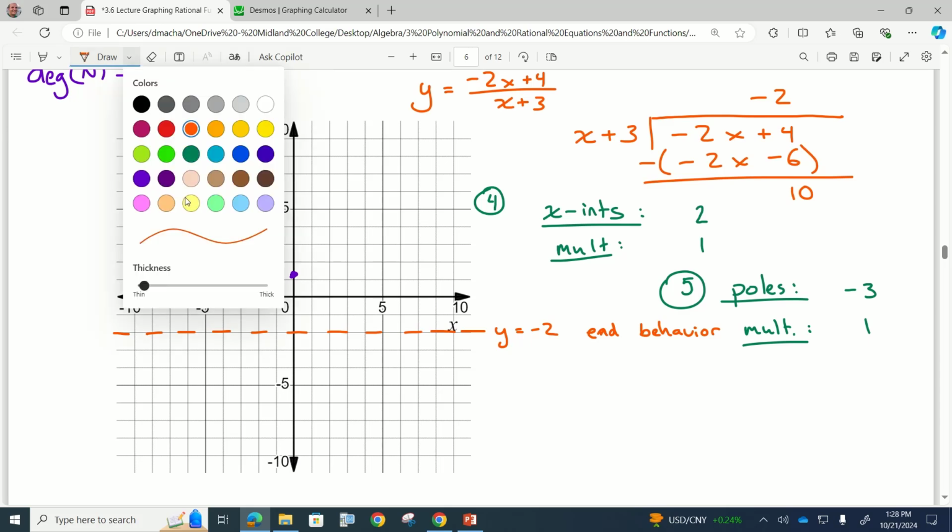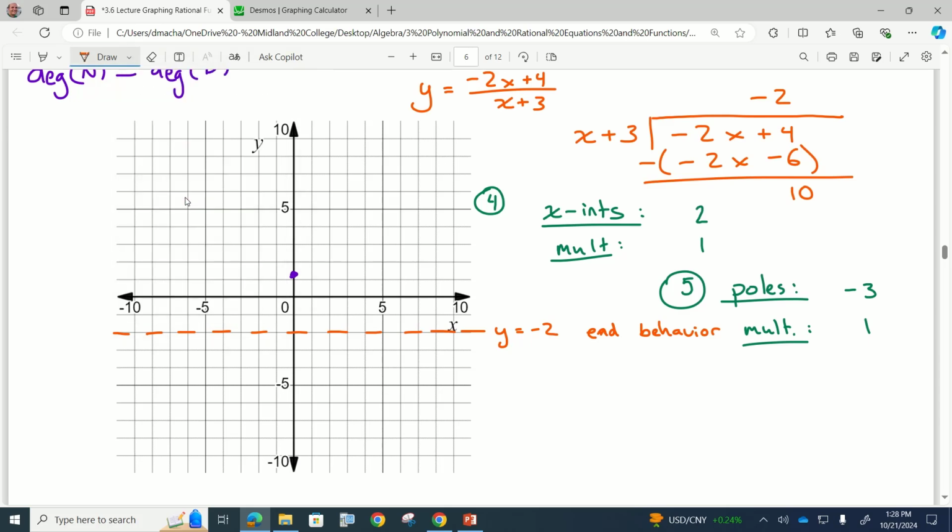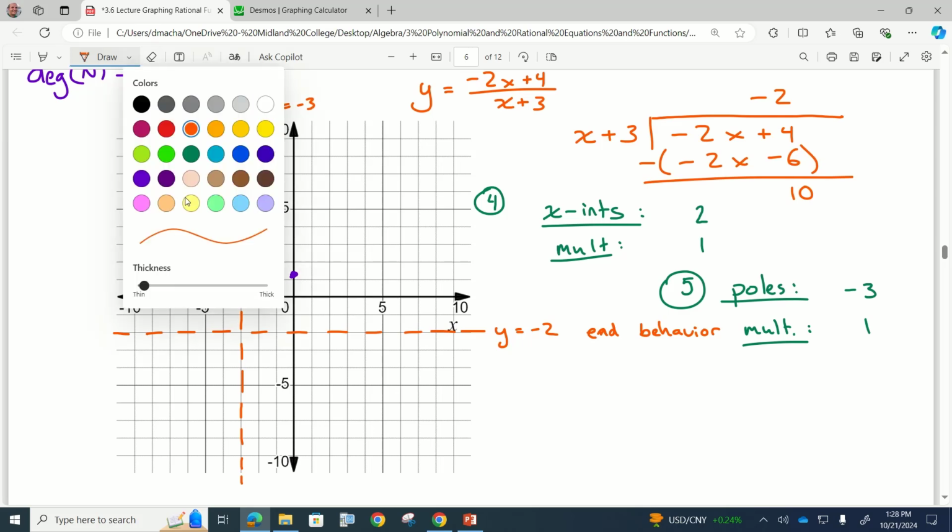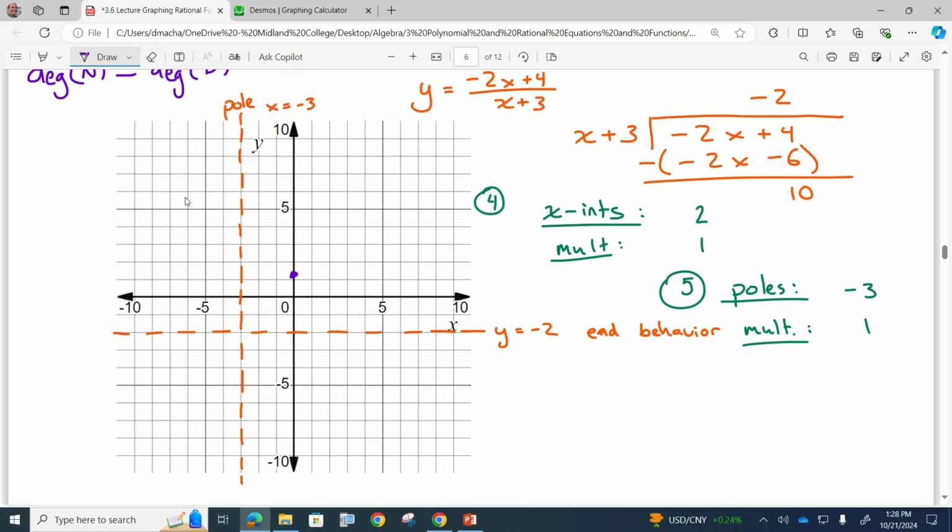I'm going to put a vertical dotted line here where my pole is at x equals negative 3. And then I'm also going to put a dot where my x-intercept is at positive 2.